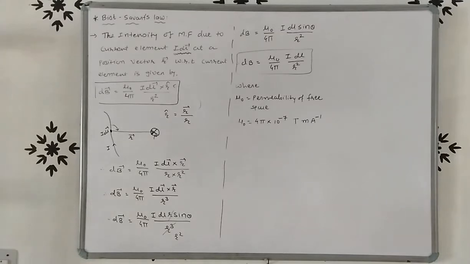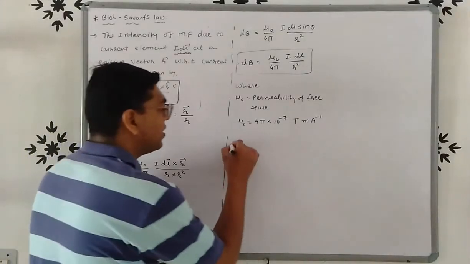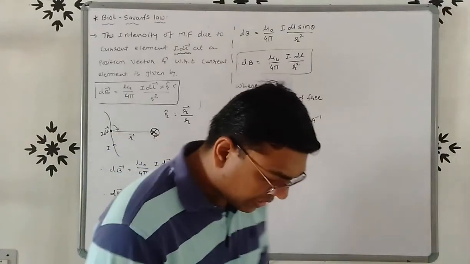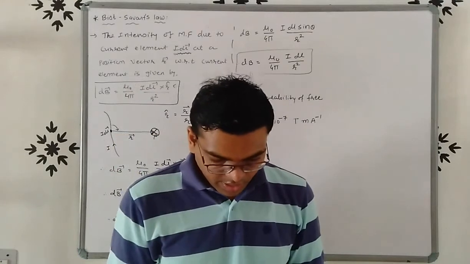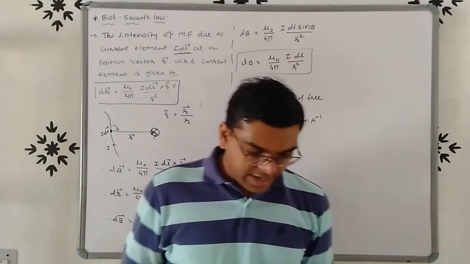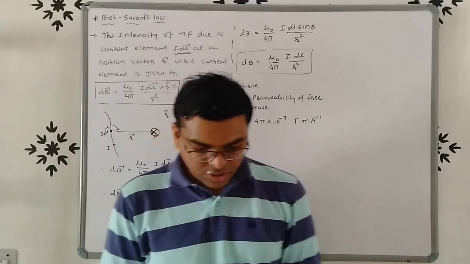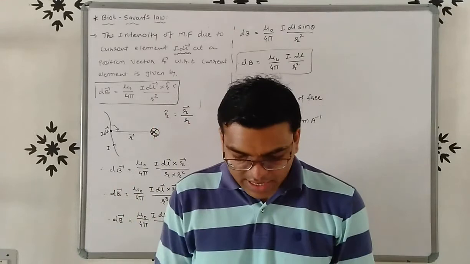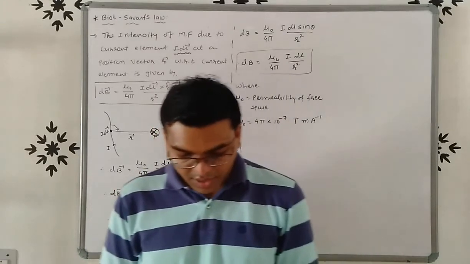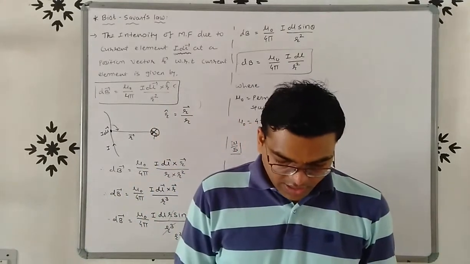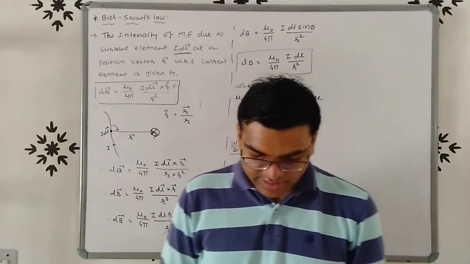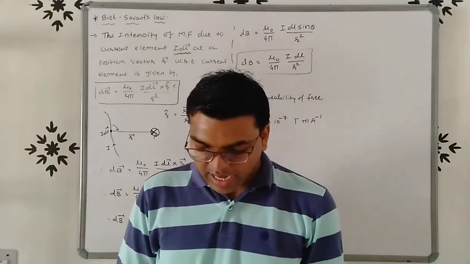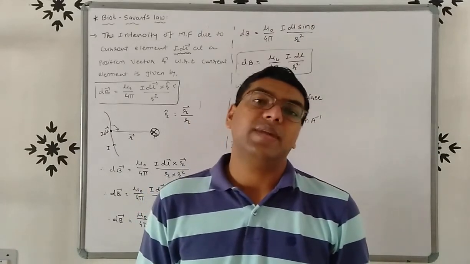See here, an element delta L is equal to delta x i cap is placed at the origin and carries a large current I is equal to 10 ampere as shown in the figure. What is the magnetic field on the y-axis at a distance of 0.5 meter? Here delta x is 1 centimeter.